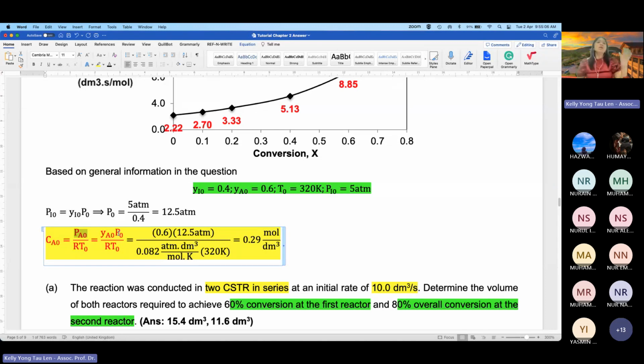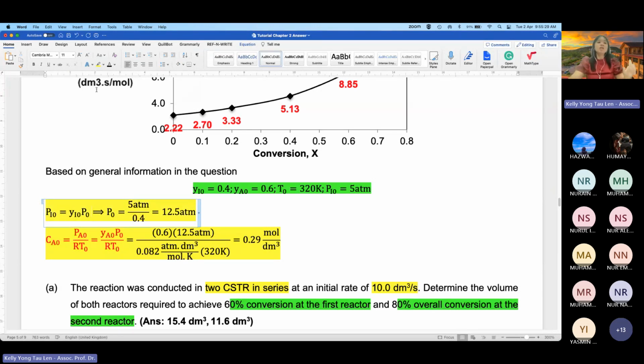So PA naught equals YA naught multiplied with P naught. The same Raoult's law is applicable to the inert gas as well. So the initial partial pressure of inert equals the initial mole fraction of inert multiplied with the initial total pressure.